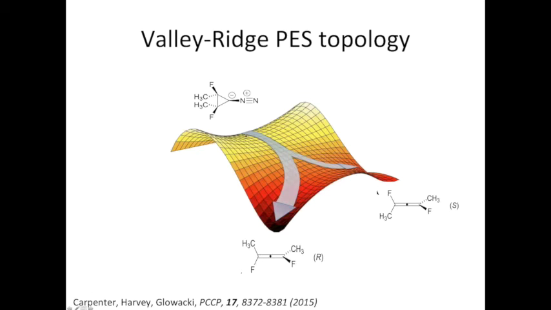There's a transition state for N2 dissociation just at the top here, somewhere in this potential energy schematic, and then once that N2 flies off, this moiety can open up, and there are 2 ways that it can open up. It can open up in a way so that it twists to give the R enantiomer of this substituted allene, or it can open up in a way that gives the S enantiomer of this substituted allene.